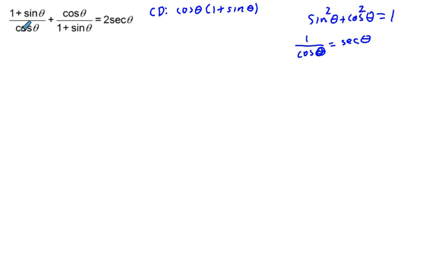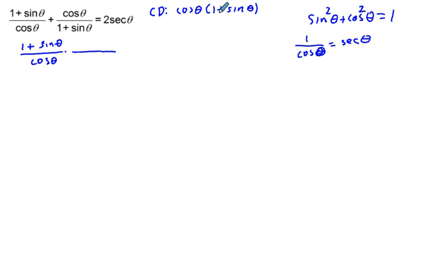So we're going to continue by working on the left side of this equation, and we take this first rational fraction, (1 plus sine theta) over cosine theta, and ask ourselves the question, what do we have to multiply our denominator by to get our common denominator?